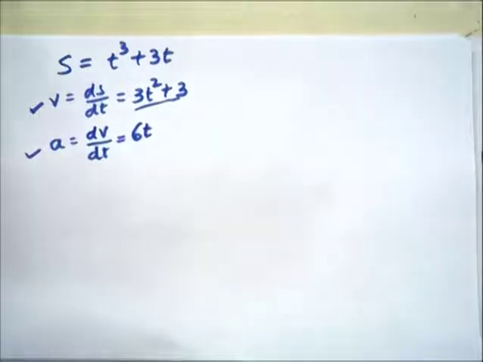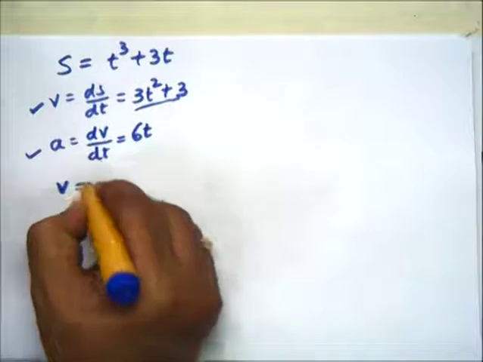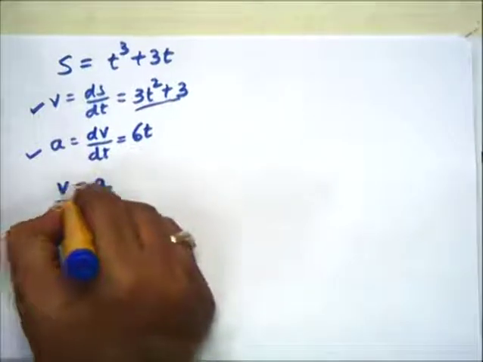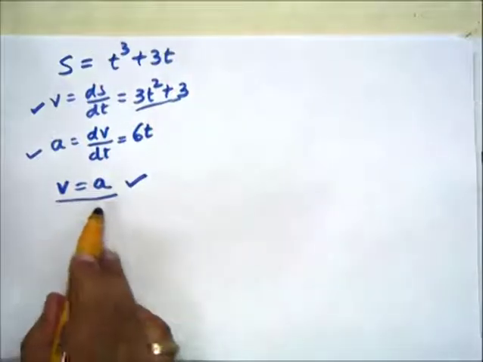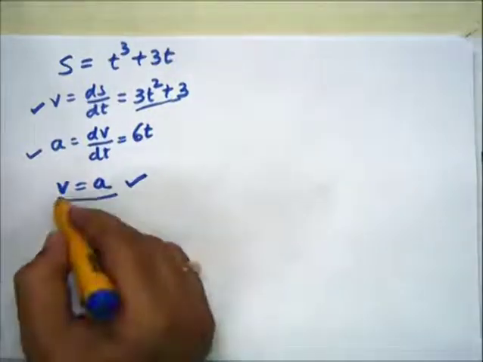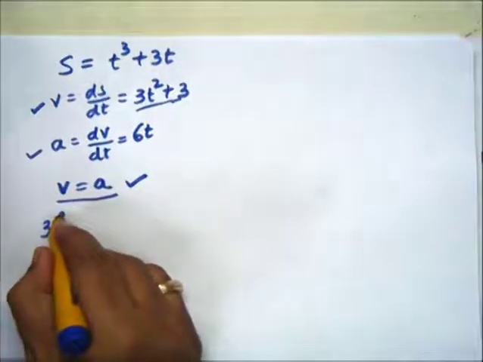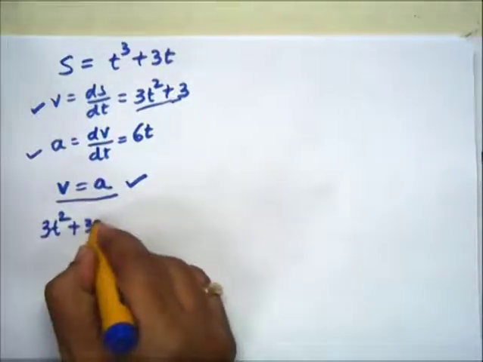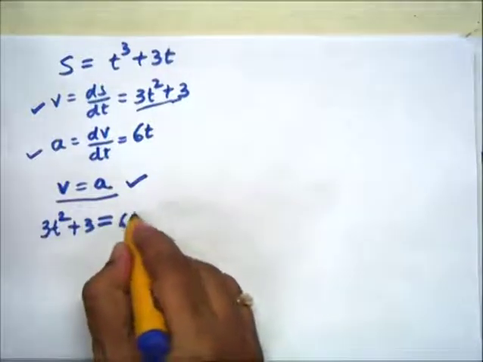Now what is the condition given? We are given at what time velocity and acceleration become equal. So we compare these two, v and a. We are interested to find the time at which these two become equal. So let us put the value of v, that is 3t square plus 3, and the value of a, that is 6t.